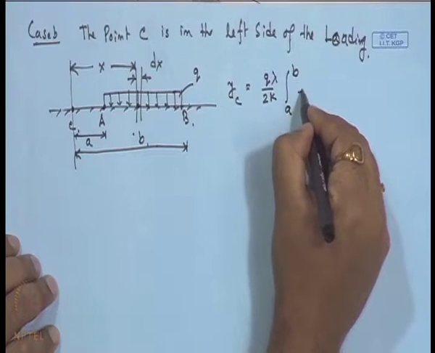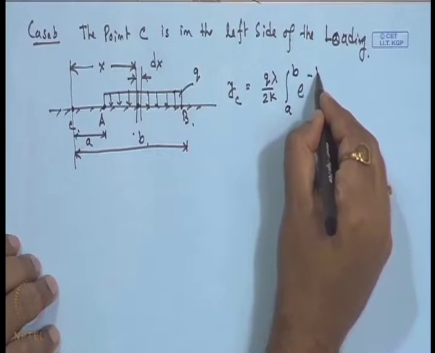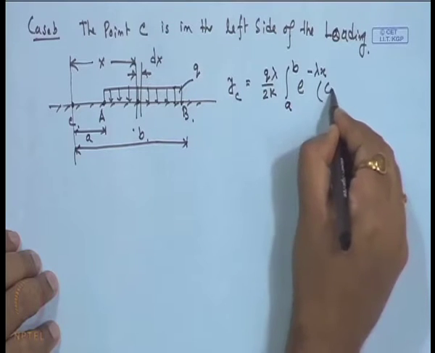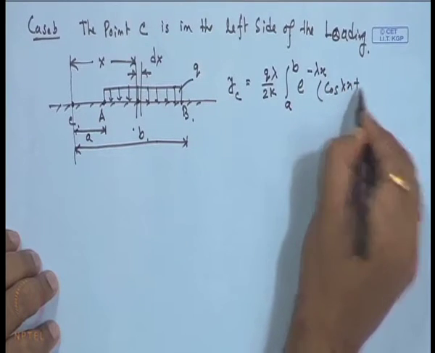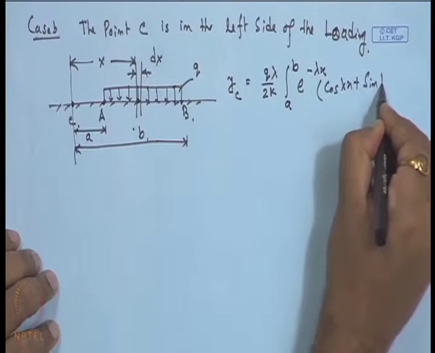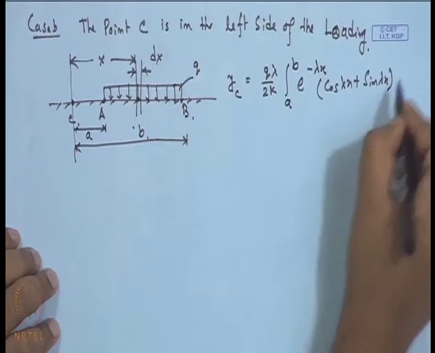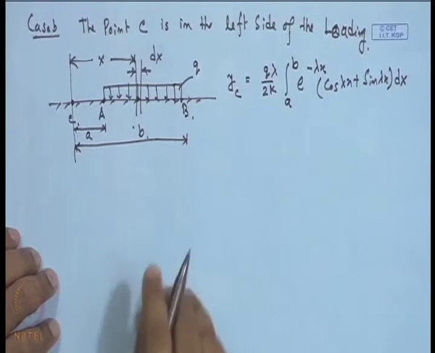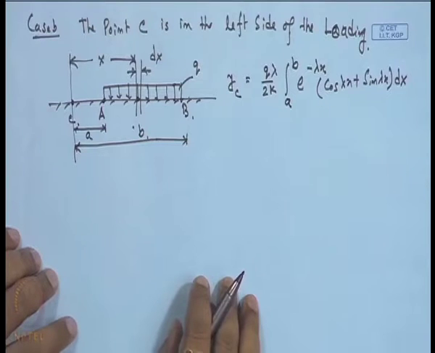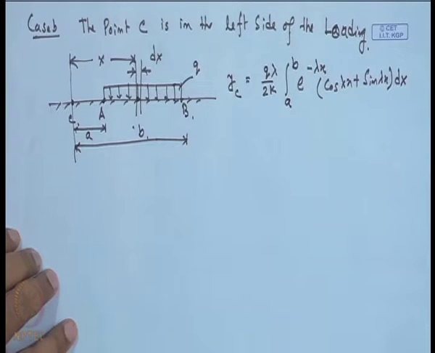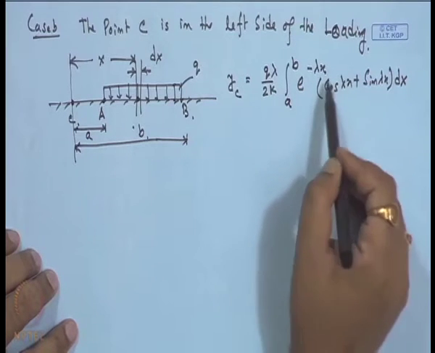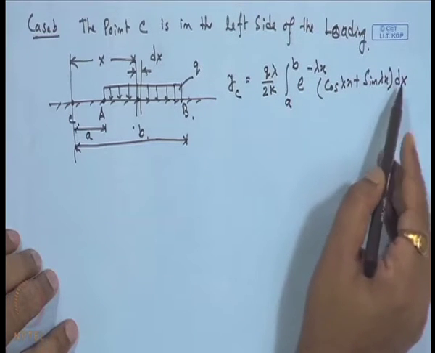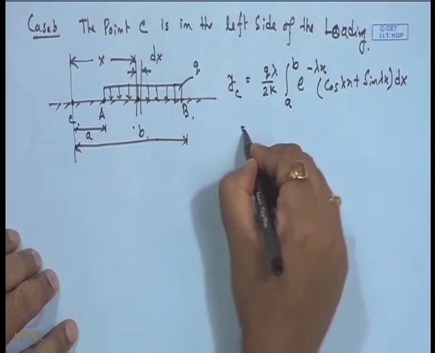So, this will be e to the power minus lambda x into cos lambda x plus sin lambda x dx. Finally, again we know that e to the power lambda x into cos lambda x plus sin lambda x is a lambda x.